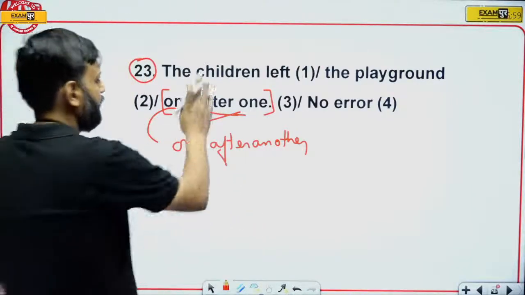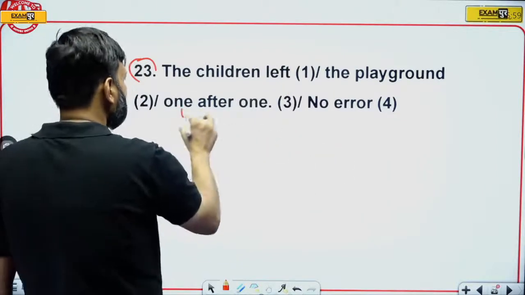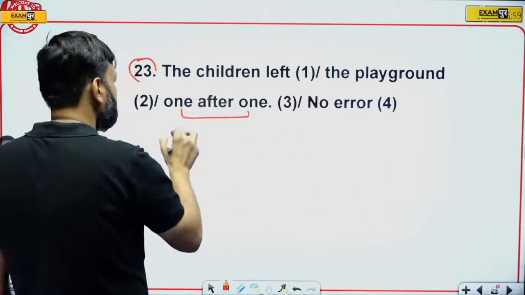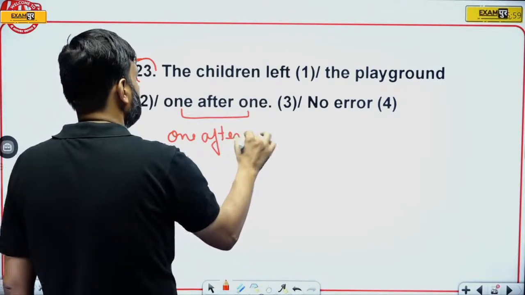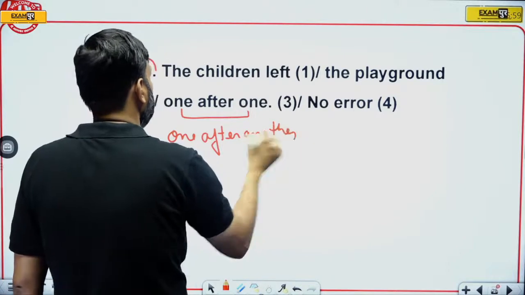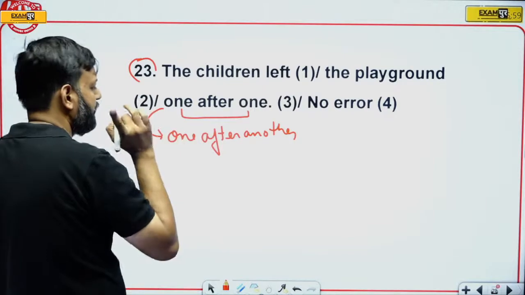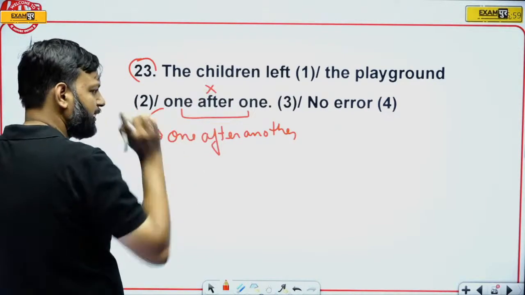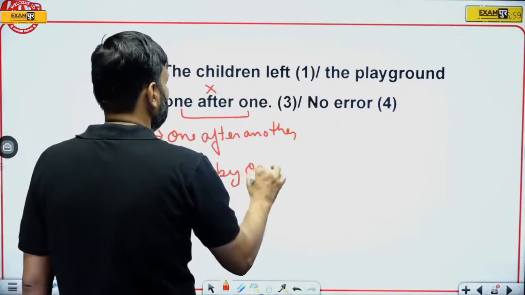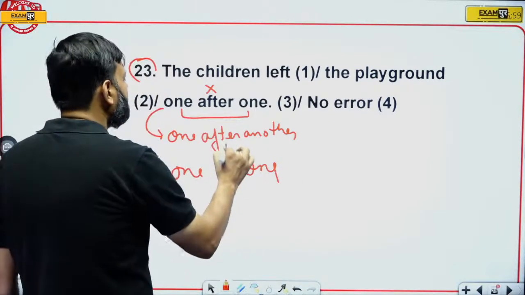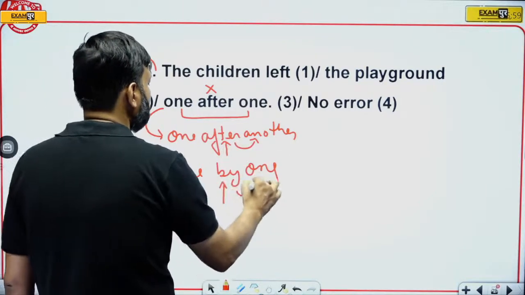So if you want to write one after one, you should write one after another instead. This expression is grammatically incorrect. Or you can write one by one. If you use after, you have to write another, and if you use by, you have to write one.